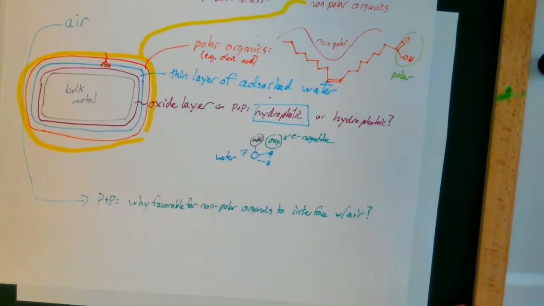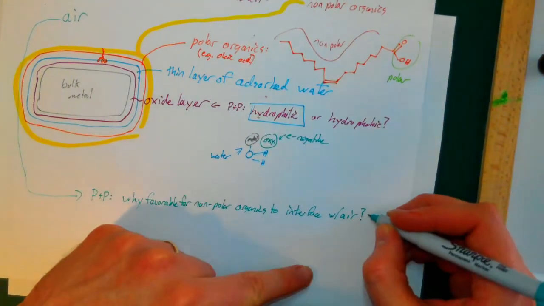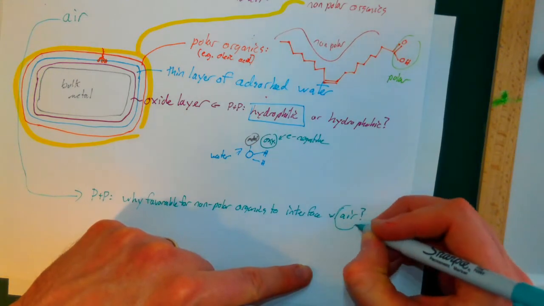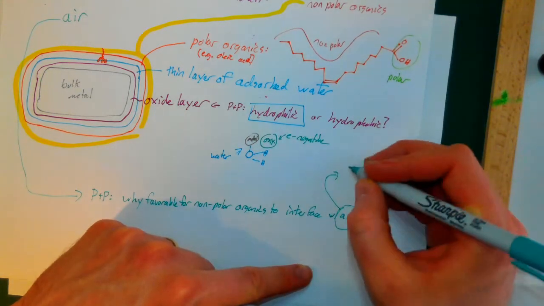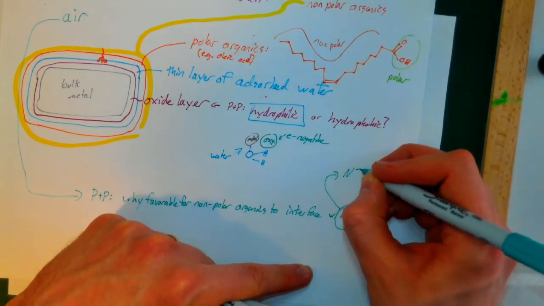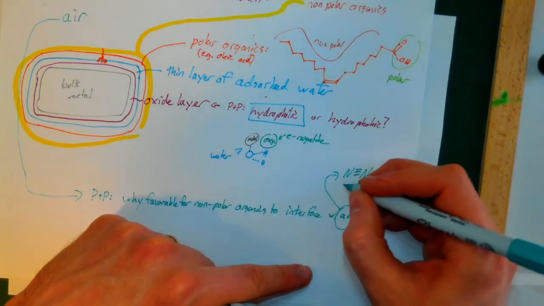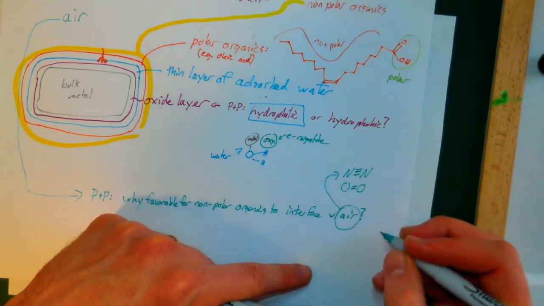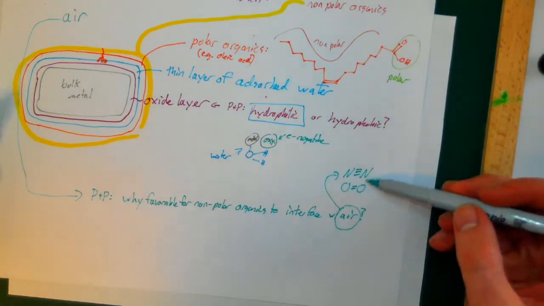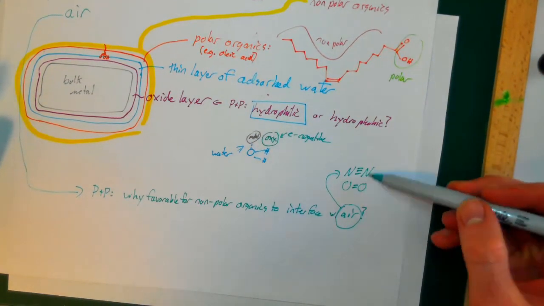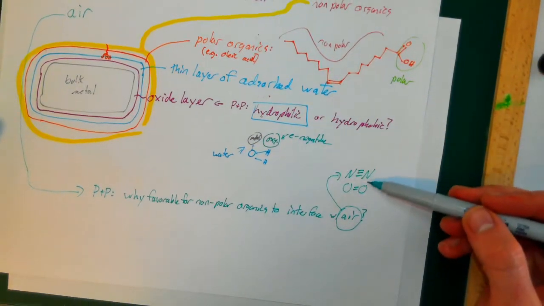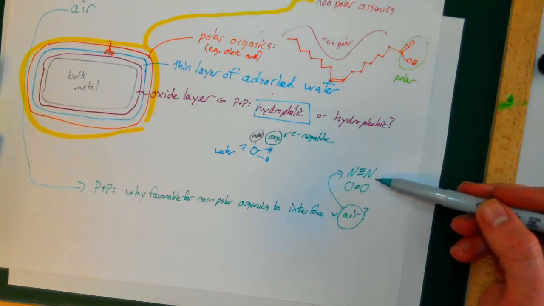Well, hopefully you've had a chance to think about it. If we think about what molecules make up air, air is made up of N2, which is like this, O2, which is like this, and this makes up almost all of the atoms that are in air.